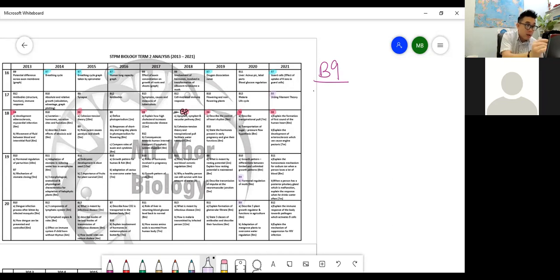Okay, guys, before that, resting potential. 2018: hormones, and then ecdysis, metamorphosis, auxin, photoperiodism, long day plant, short day plant, guys. Curare, 2015. Okay, 2014 don't have, then we're able to see potential difference for 2013.